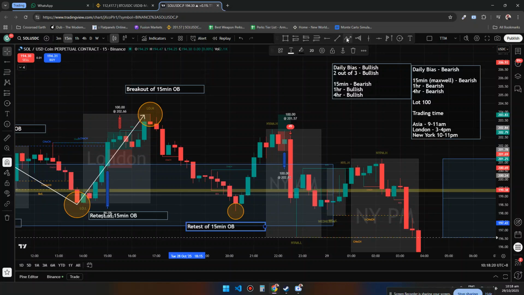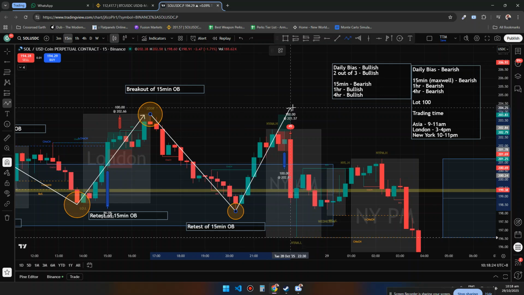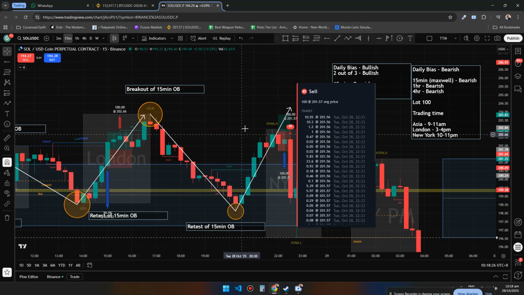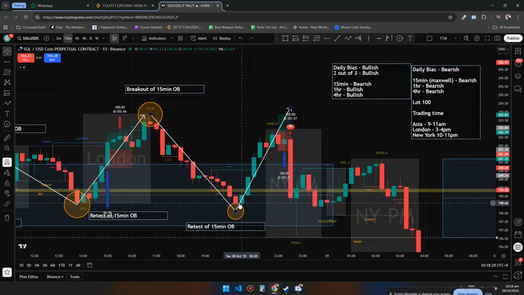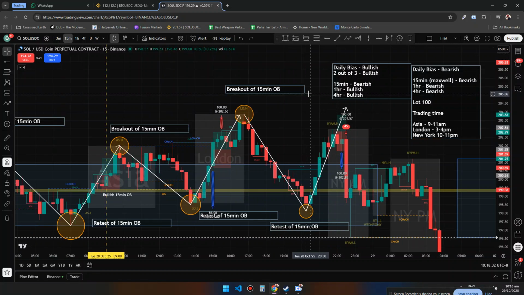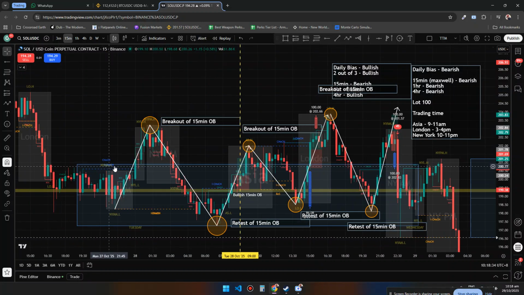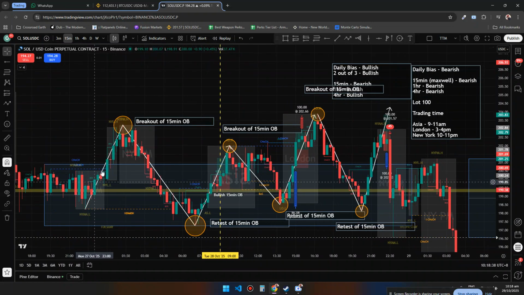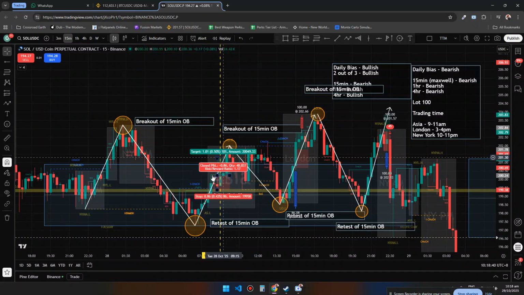And then look what price did. So retest, and then another trend to the upside. So this is the strategy of using 50-minute OB to see the breakout, the retest, and then this is a high probability setup.